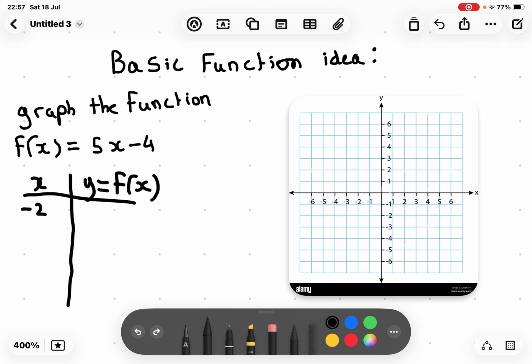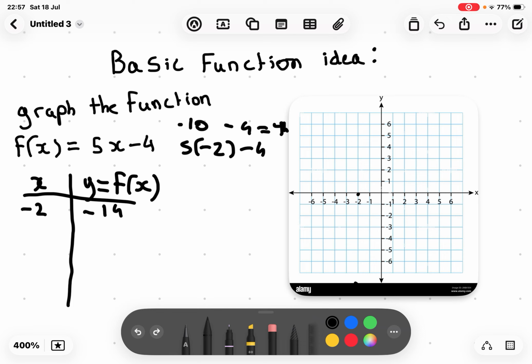Just write the number, so 5 times -2 is -10, -10 minus 4 equals -14. So this is the answer. So -2 and -14 would be somewhere here.